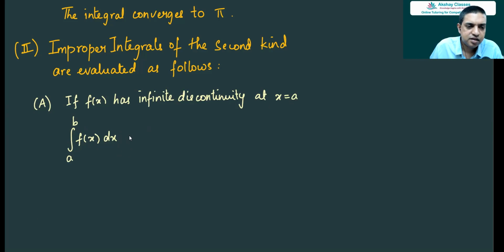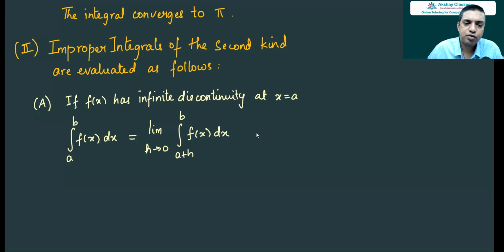So this we write as limit h tending to 0 of the integral from a plus h to b of f of x dx, because a is the left end of the interval, so we can approach from points within the interval. If we are approaching a, it has to be from the right. That's why a plus h to b.